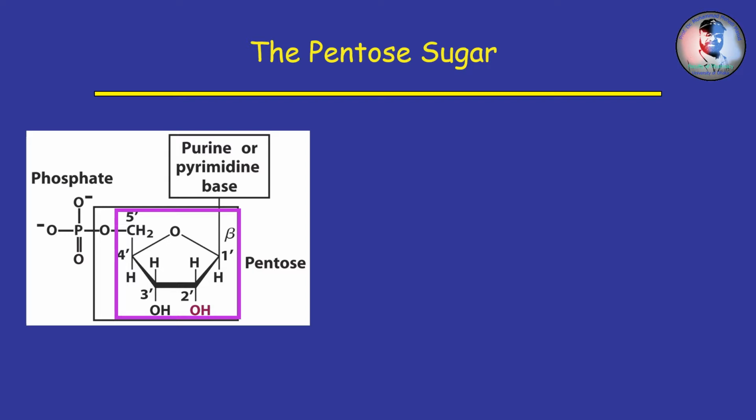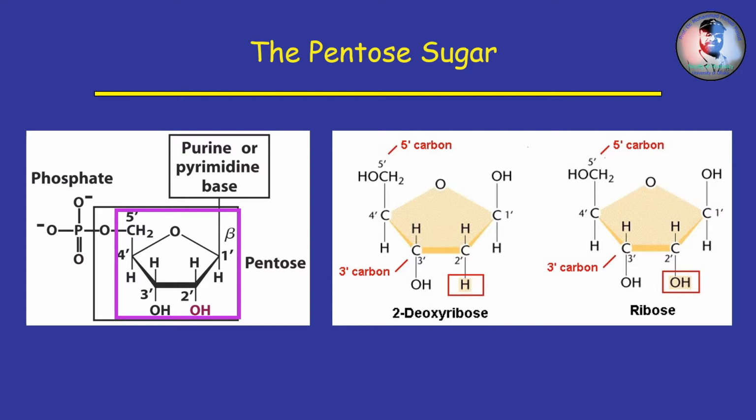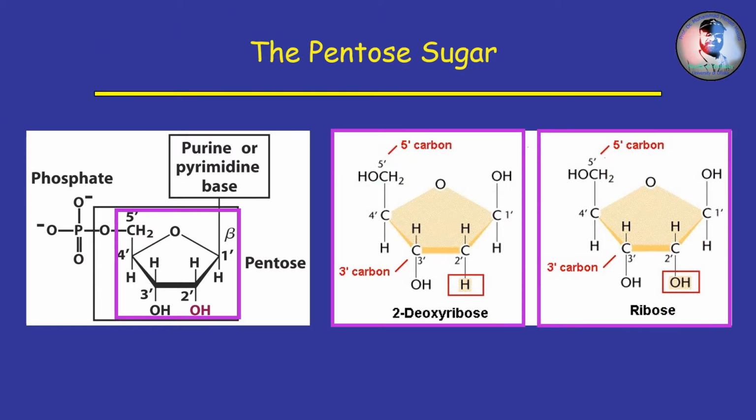The sugar in the nucleotide of an RNA is ribose, which is an aldopentose sugar. But the sugar in the nucleotide of a DNA is deoxyribose. The deoxy prefix indicates that the 2' carbon atom of the sugar lacks the oxygen atom that is linked to the 2' carbon atom of ribose.